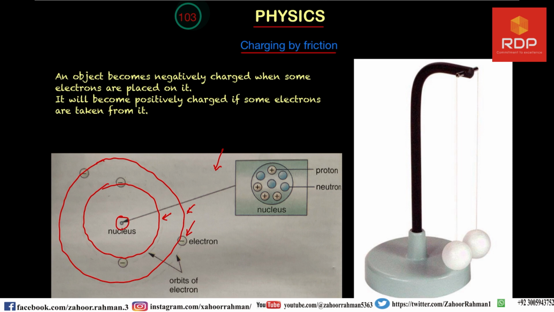Keep this in mind. One thing more I want to tell you about this figure, that this is a pith ball electroscope. When you want to see whether charges are there on this pith ball or not, whether it has similar charges or unlike charges, these two pith balls will either repel each other or attract each other.